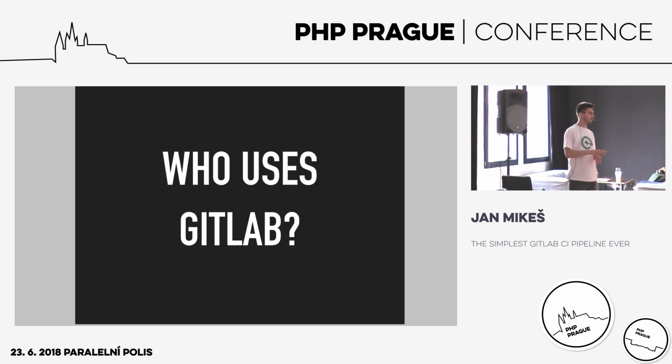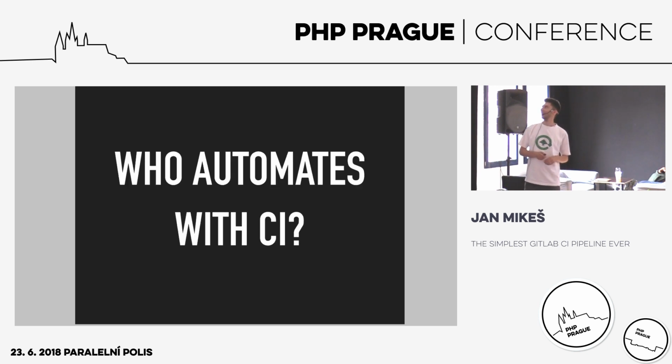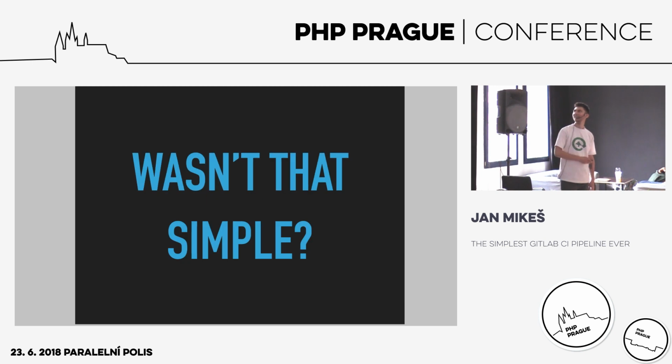Who uses GitLab? Cool, not bad. And who is using CI for some kind of automatization? Okay, so some of you didn't put your hand up, so maybe you will take something from my talk and the rest of you just listen and maybe there will be something for you.